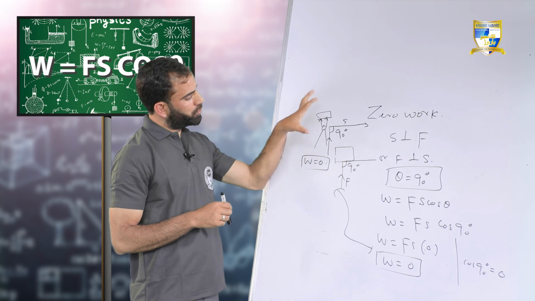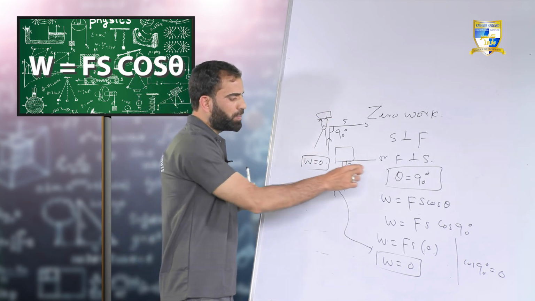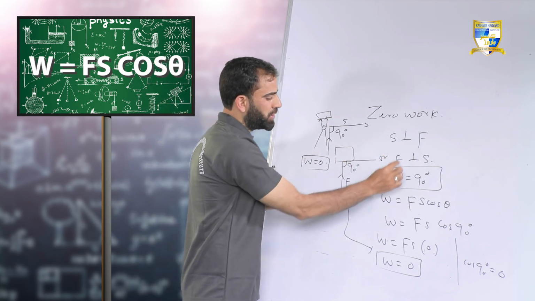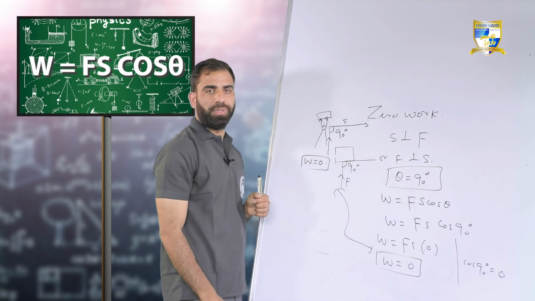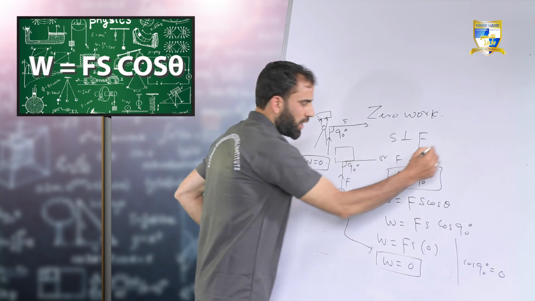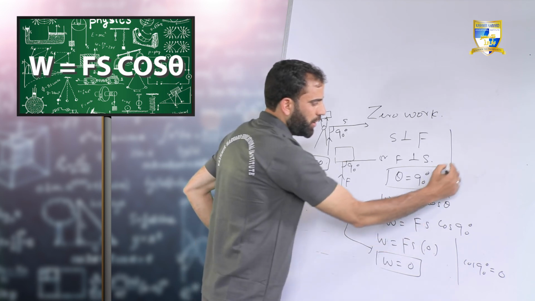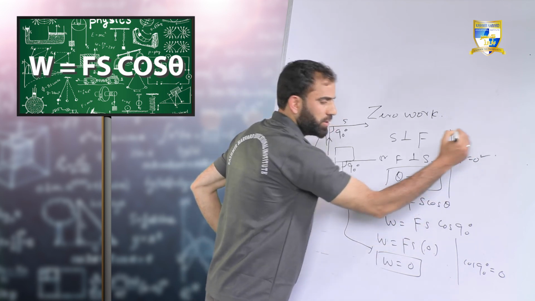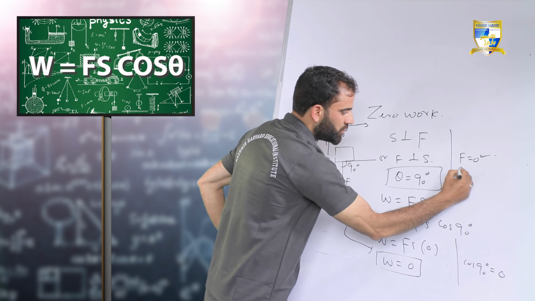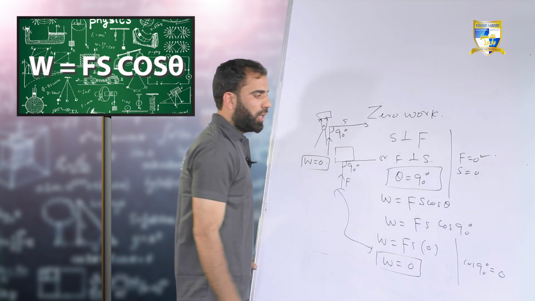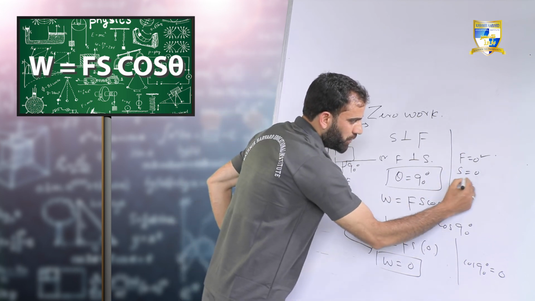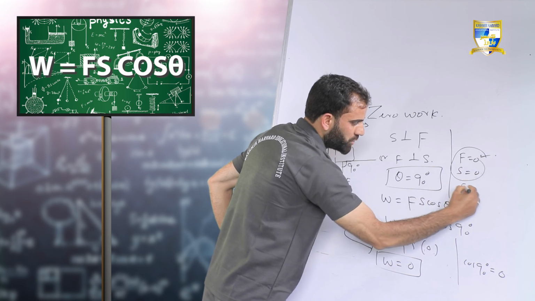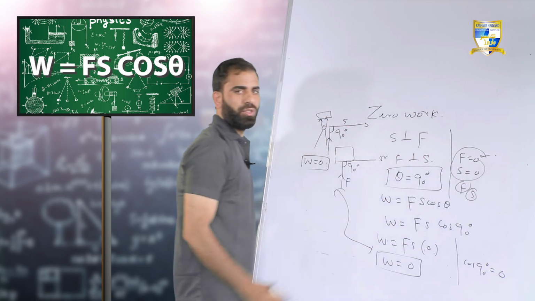So we have understood what is zero work. If the angle created between force and displacement is 90 degrees, work done will be 0. Even in the last lecture we discussed one thing: if force is 0, work is 0. If displacement is 0, work is 0. If both are missing, there is no force and no displacement, again work is 0.